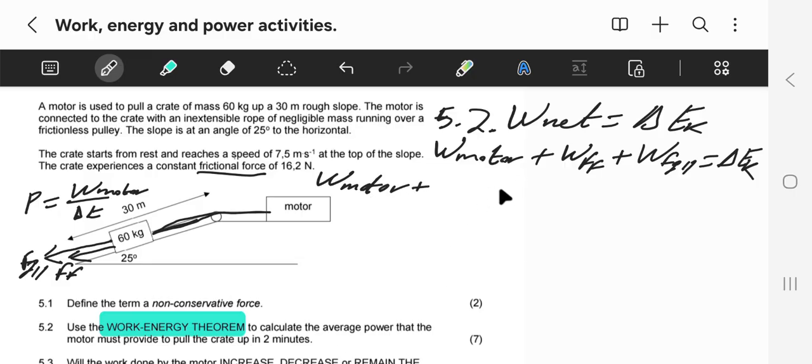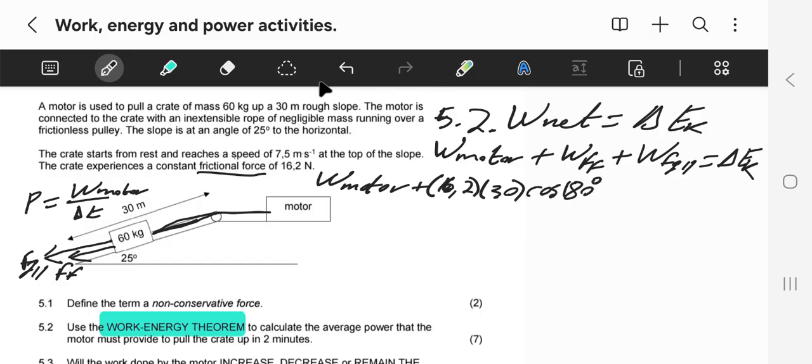So we are going to substitute here, the work done by the force of friction, which is 16.2 multiplied by the displacement, which is 30, and we will have cos 180 degrees.